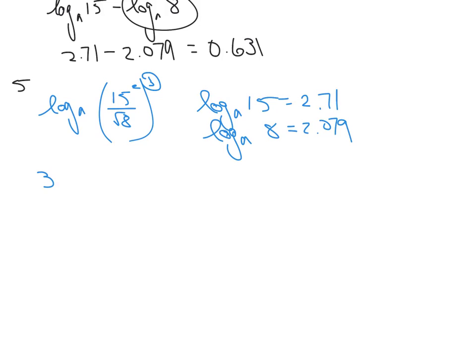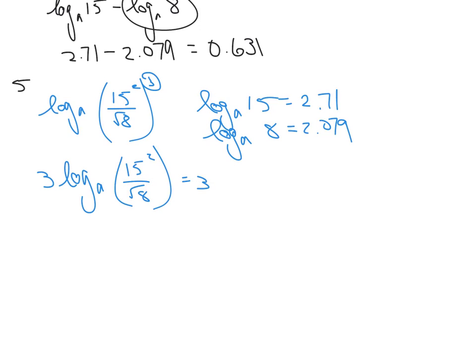Well, actually I don't want to get too far ahead of myself. 3 log a of 15 squared over the square root of 8. Okay, so I just moved that 3. All right, now I'm going to look at each one of these and split them up.